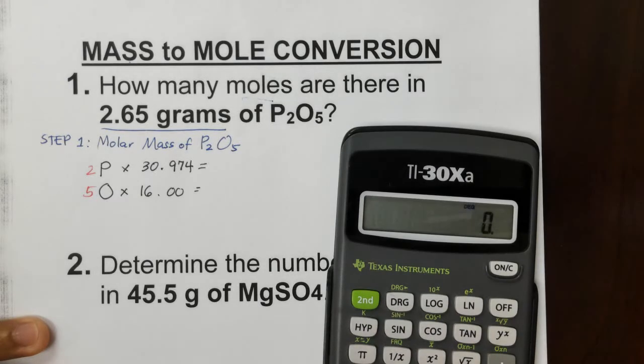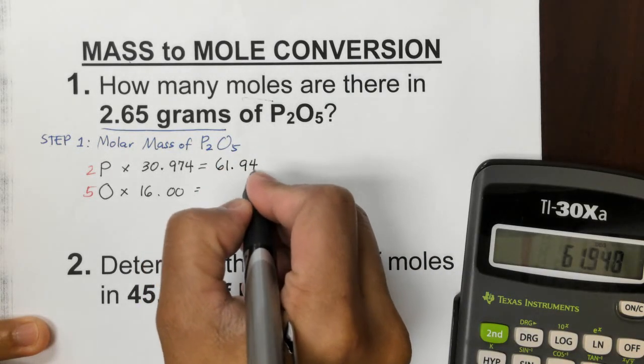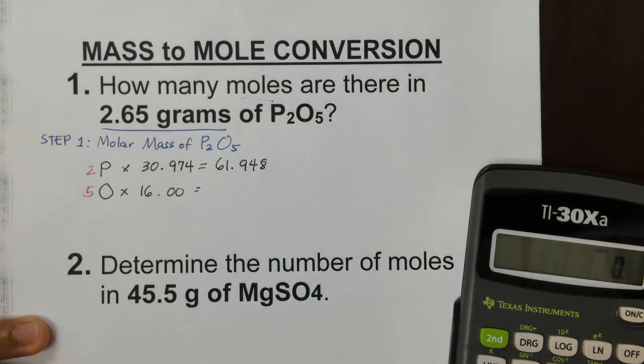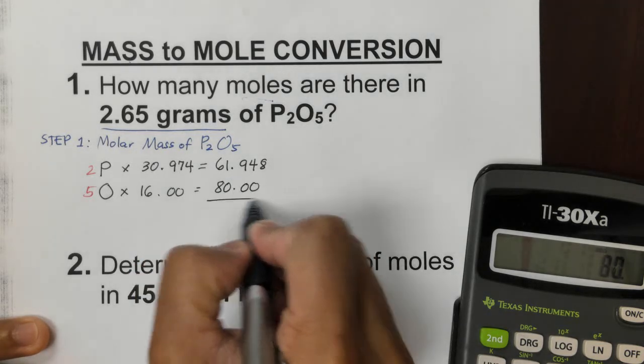So we have 2 times 30.974, then we have 61.948, and then we have 16 times 5, then we get 80 for this. So let's just maintain the decimal places there.